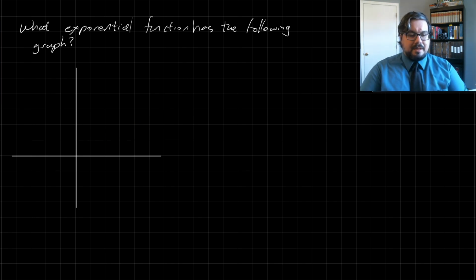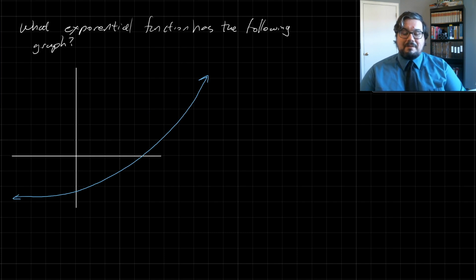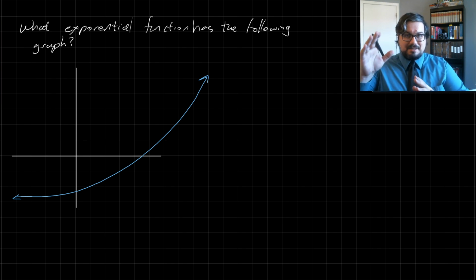All right, and then this graph, similarly, is not the graph of an exponential function. And that's because its range is not the interval from 0 to infinity. Now this one looks like it might be a shifted version of an exponential function, but we use the term exponential function specifically to refer to functions of the form simply b to the x.